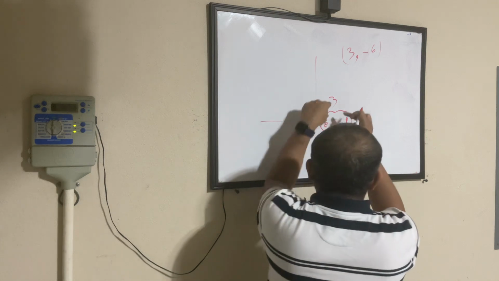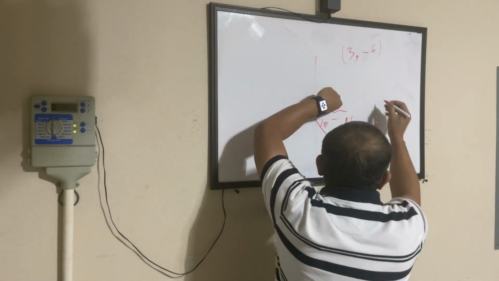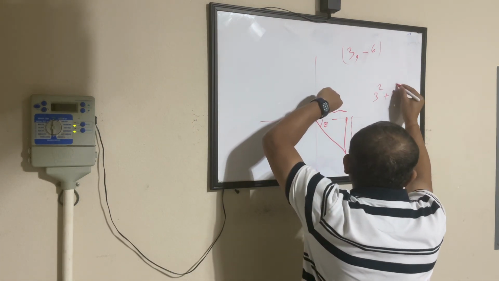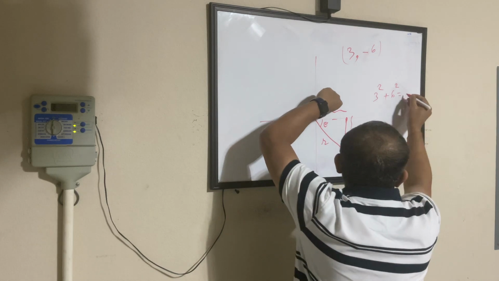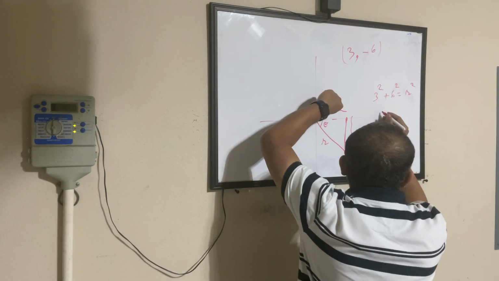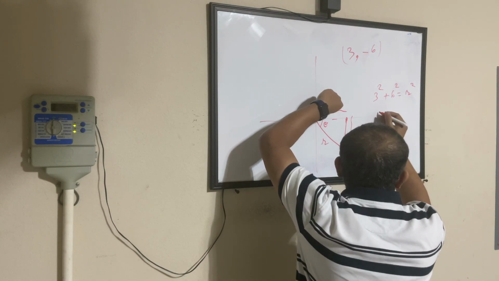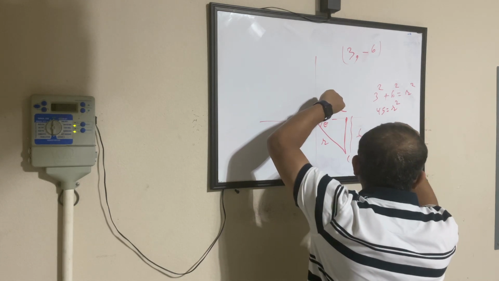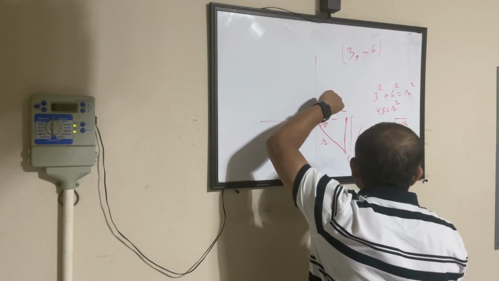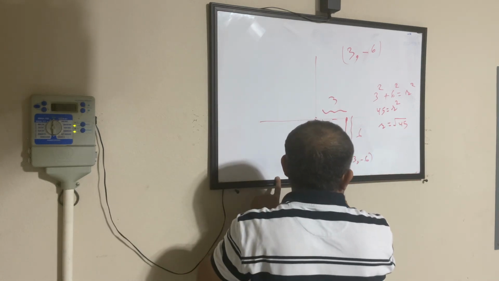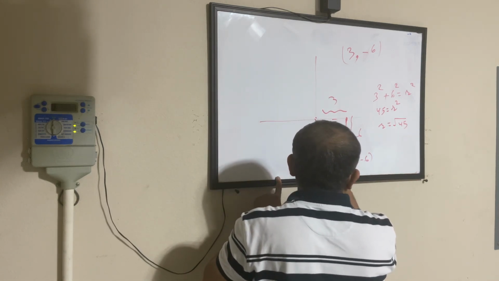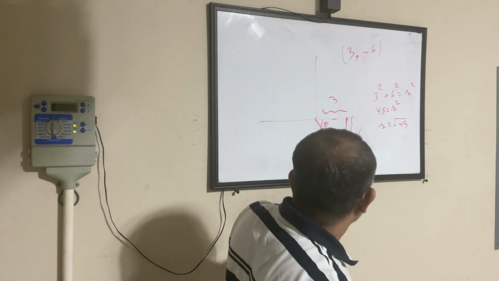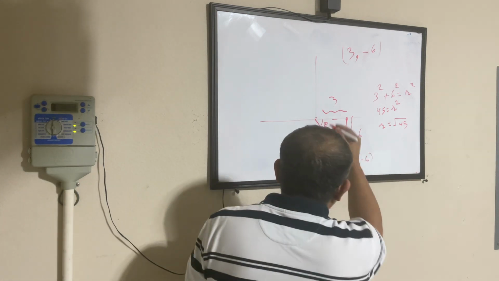First thing first, Pythagorean theorem: 3 square plus 6 square will be equal to r square, or 9 plus 36, 45, equals r square. R equals square root of 45. This is the radius I got. So r we got. Now we have to find out theta.